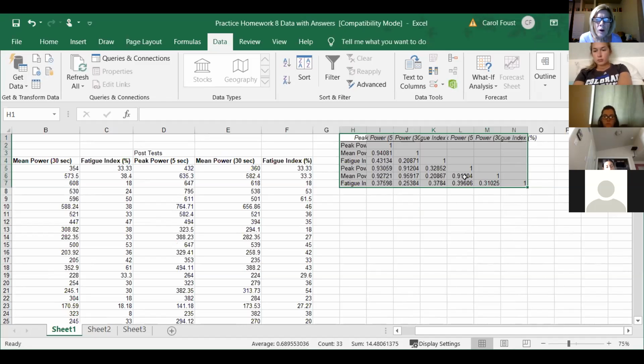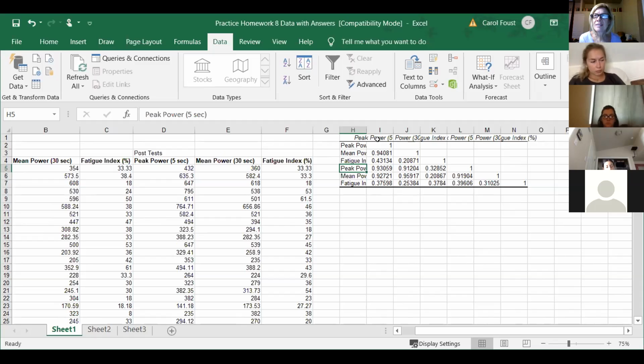So we've got all of our variables here. We've got the peak power the first time and the peak power the second time. So let's look at the peak power the first time against the peak power the second time.